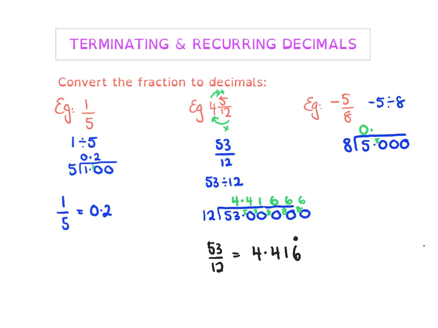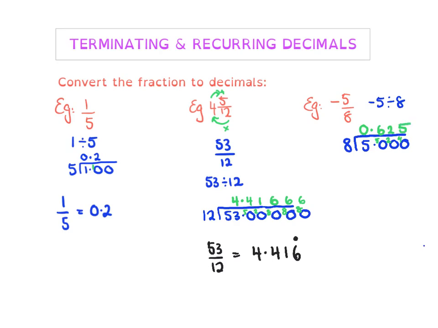8 into 50 goes 6 times with 2 left over. Okay, so 8 into 20 goes 2, because 2 times 8 is 16, with 4 left over. And then 8 into 40 goes exactly 5, so we get that answer.